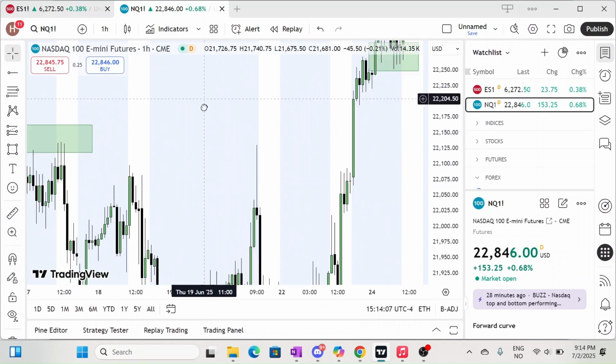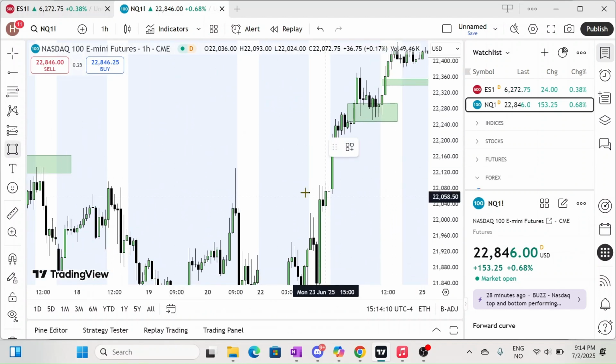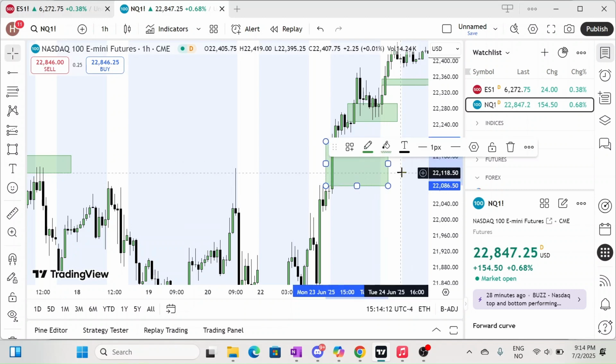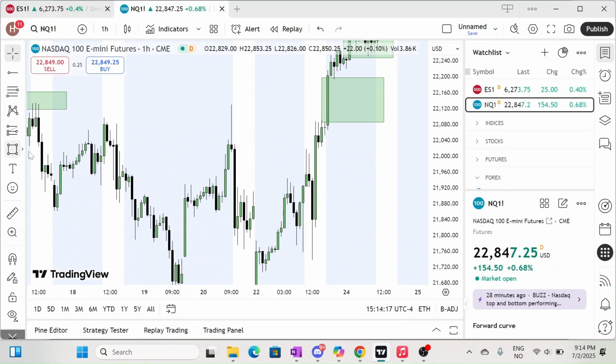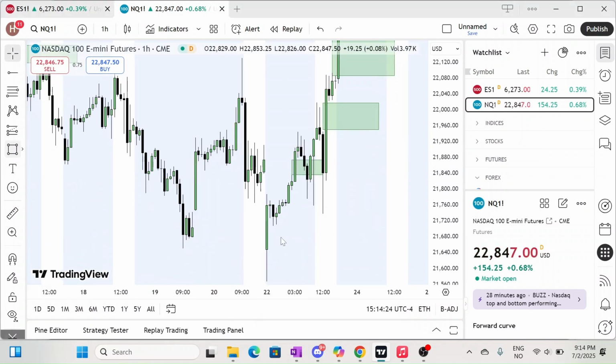So if you want to learn it, all you do is just hop on the charts and start practicing, marking it out like this. Here we have one here, and once you can easily spot all of this like I do, it becomes really easy, just running around spotting it.